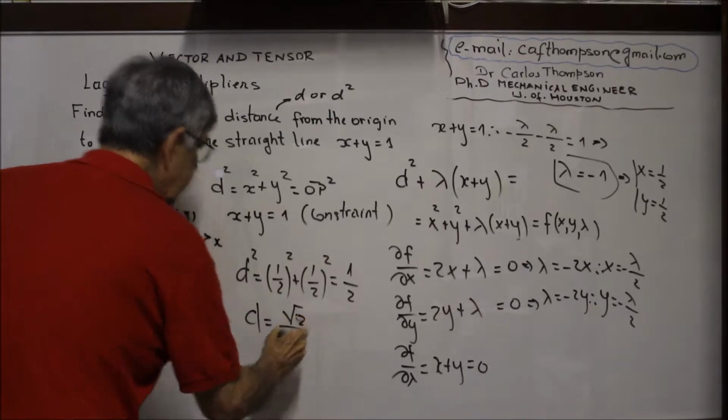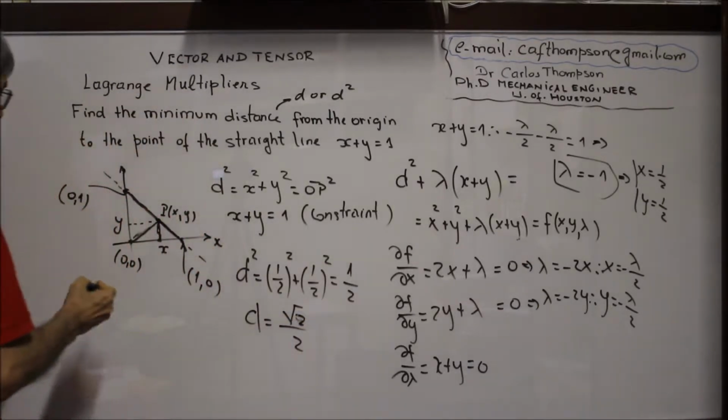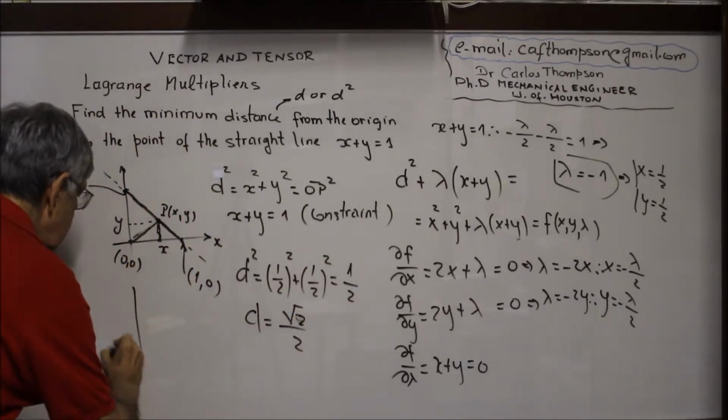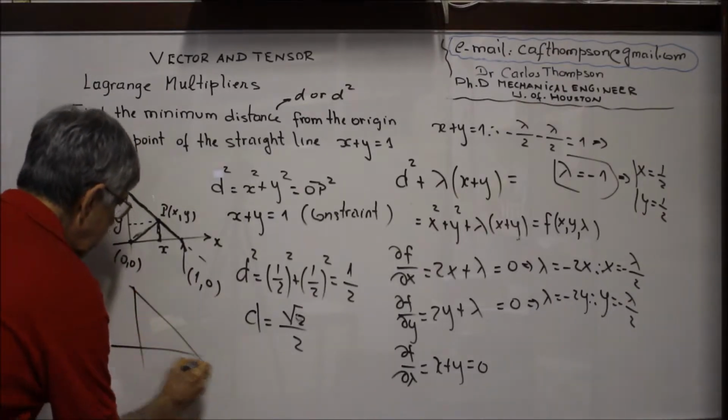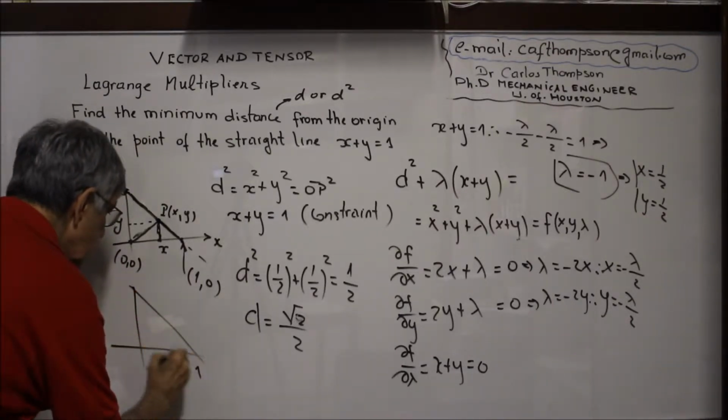You can see clearly here that this is a straight line, this is 1, this is x equals 1/2, and here y is 1/2.